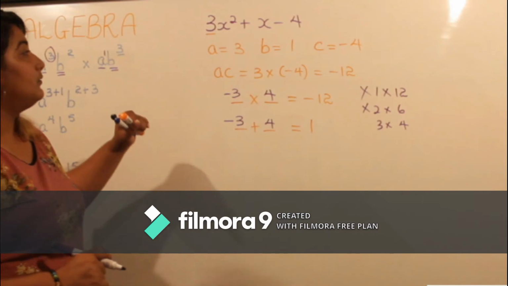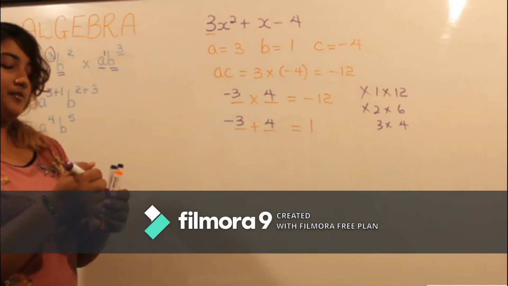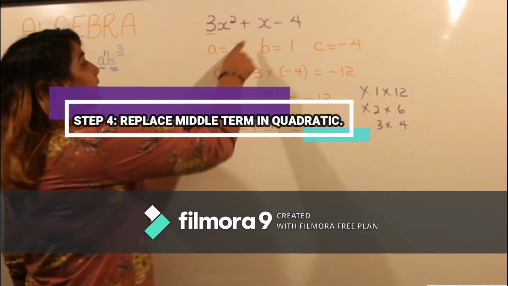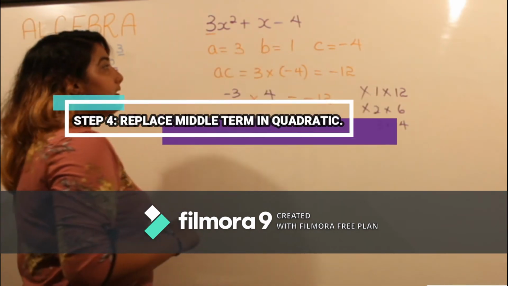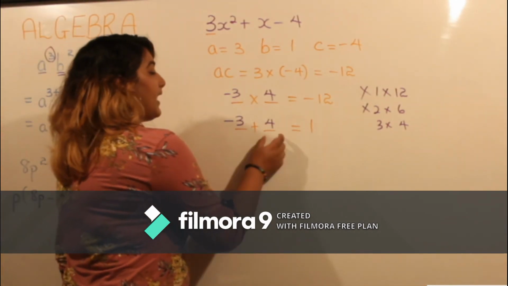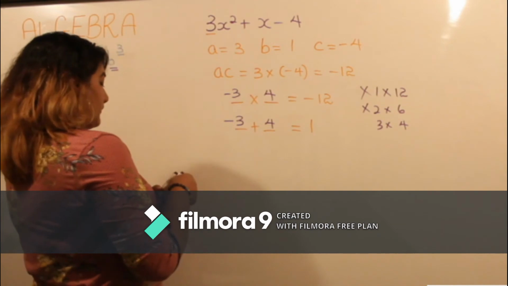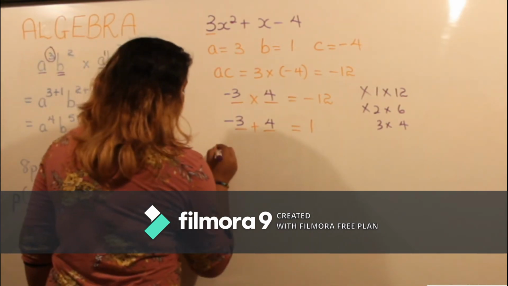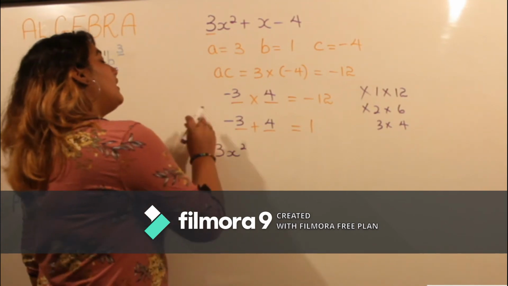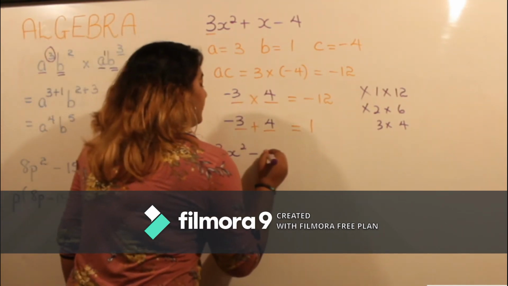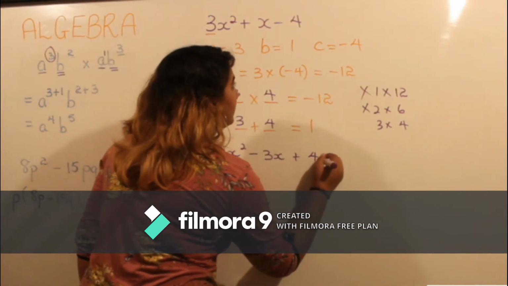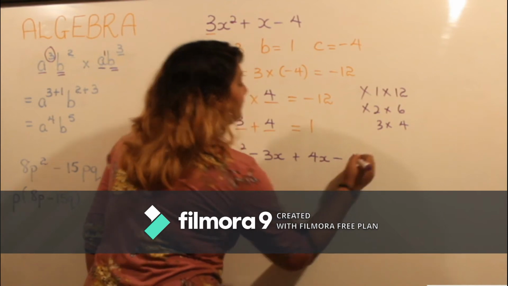And what I'll do now, like I said, the process is reversing that for the method. So what we're doing with the positive x is we're going to write positive x as the sum of minus 3x and 4x. In our next line, we will write 3x squared. This remains the same. The positive x, like I said, we're bringing it up into minus 3x plus 4x minus 4.